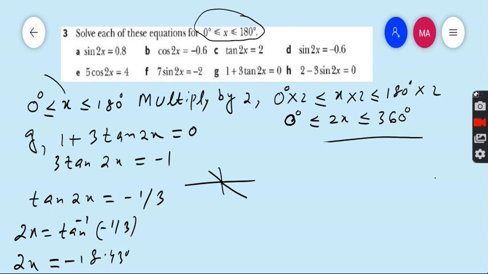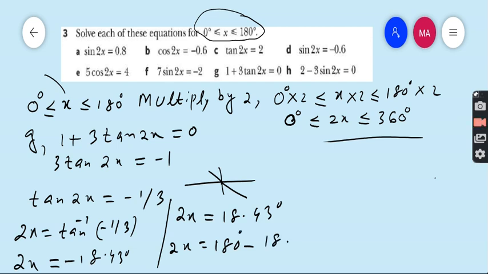Because we are working with positive angles only, we should consider this positive. Now for the second quadrant, this value should be subtracted from 180 degrees, and for the fourth quadrant it should be subtracted from 360 degrees.